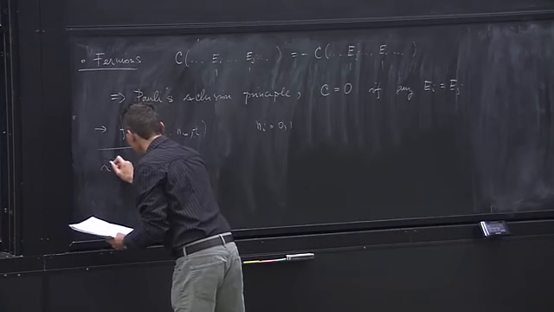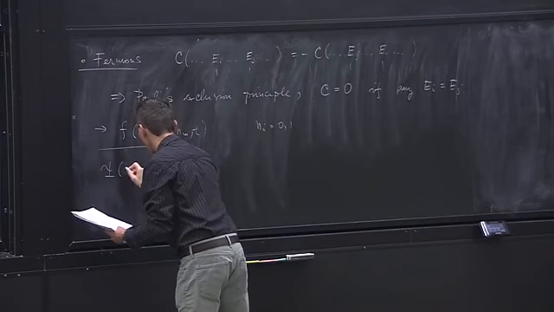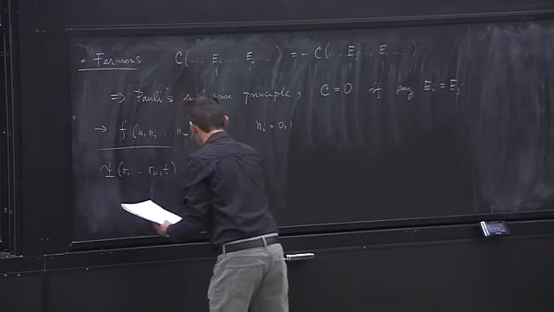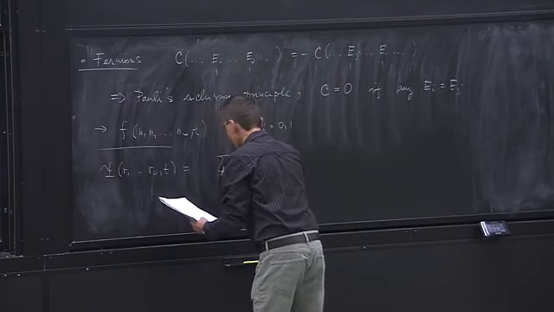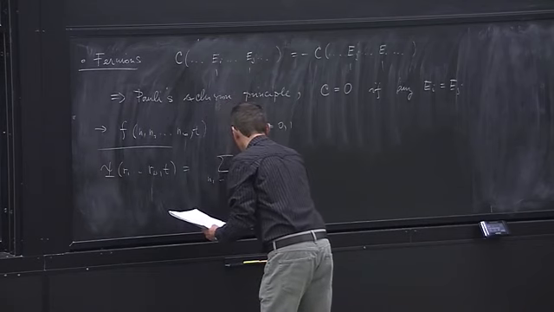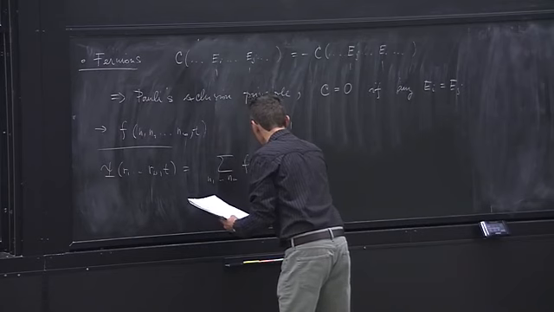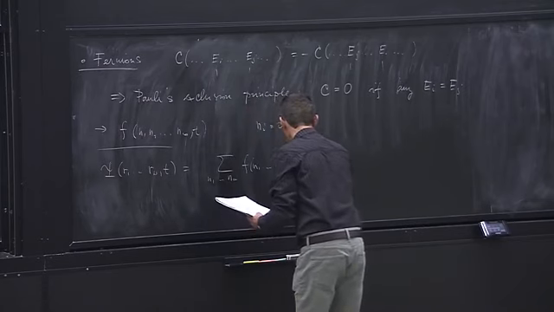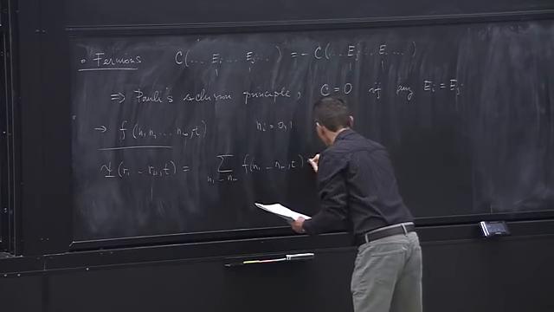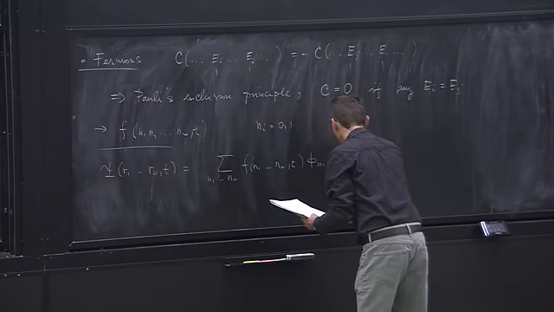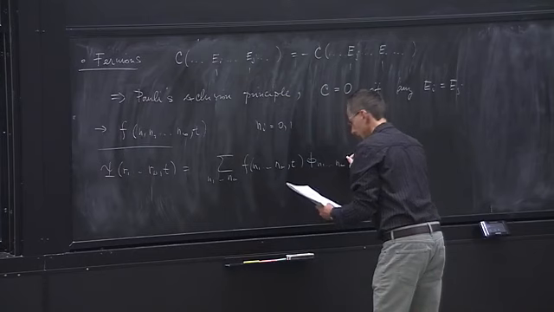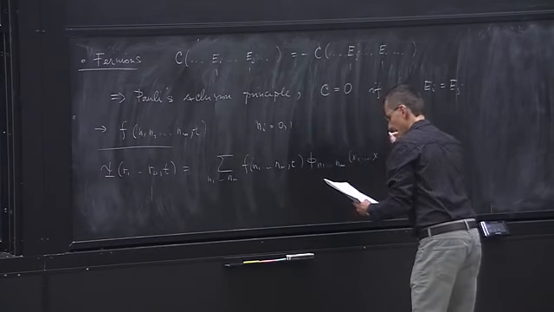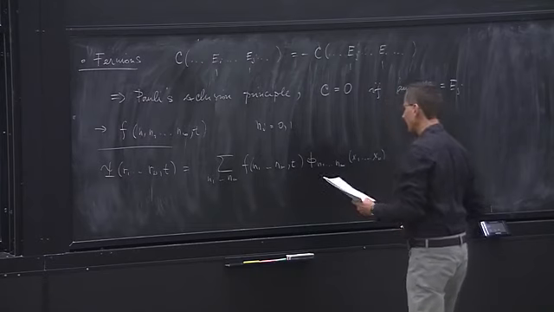So as for bosons, psi of R1 through Rn, T can be written as a sum over N1 through N infinity of F of N1 through N infinity, T, times this phi of N1 through N infinity, X1 through Xn.